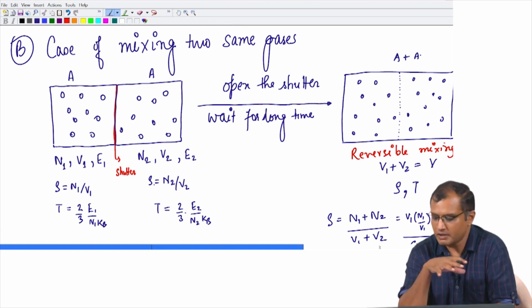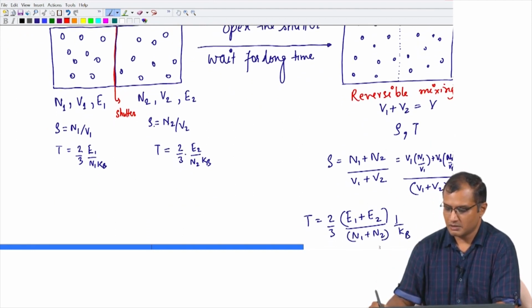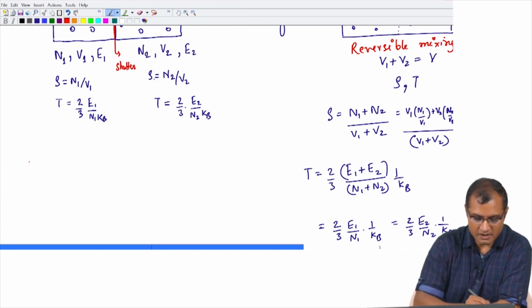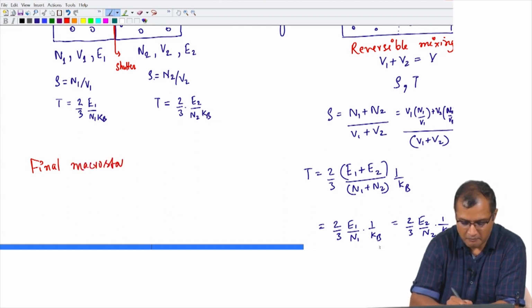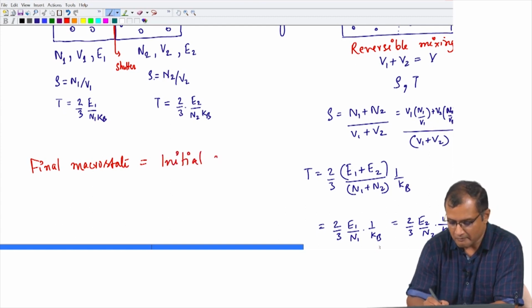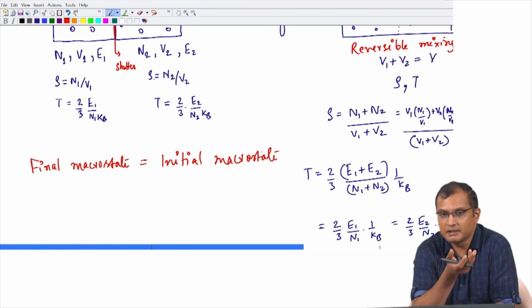Because I cannot distinguish between the final macro state and the initial macro state. No distinction can be made here. The system is in the same macro state. Okay. So, when that has happened, you cannot tell that the system's entropy has changed.